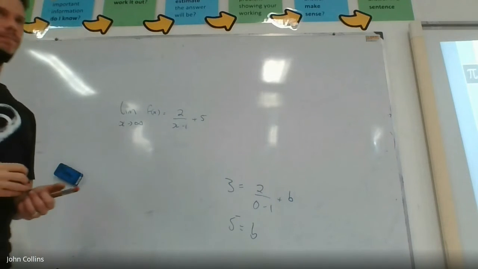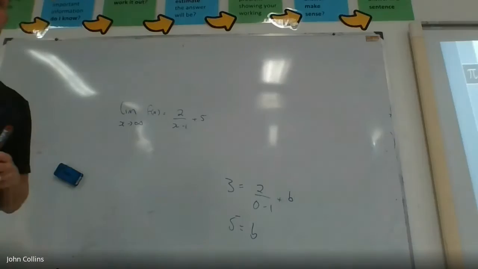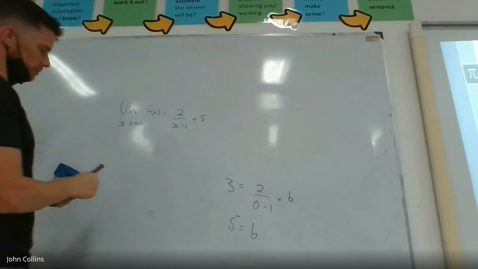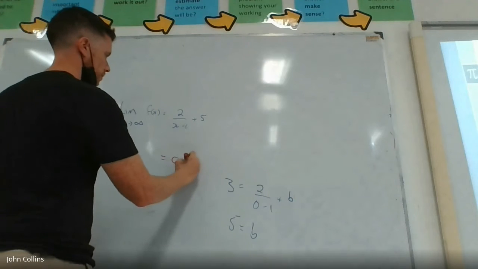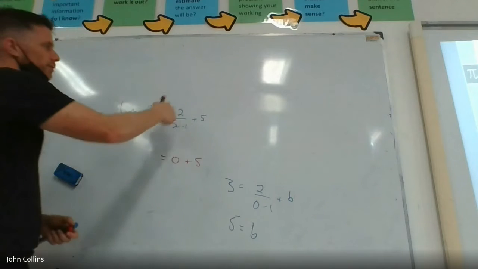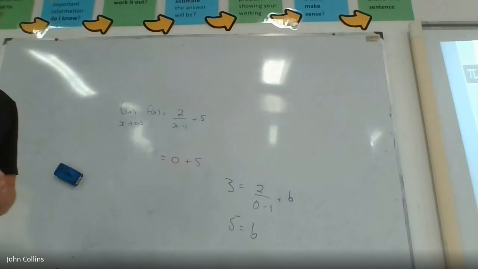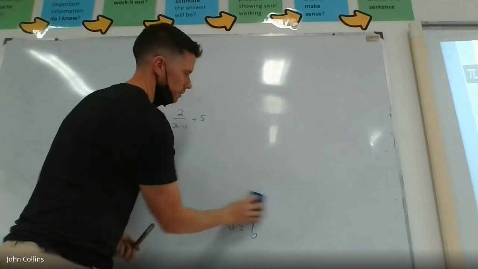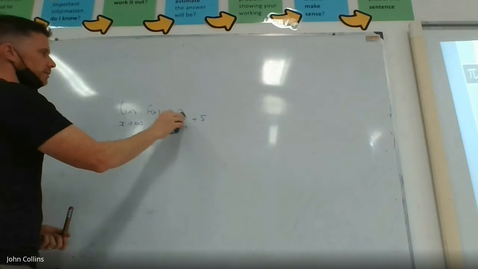All right. So the answer scheme just says that all this is 0. Can you explain to me why all this is 0?